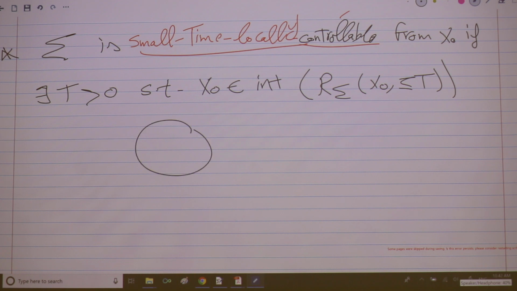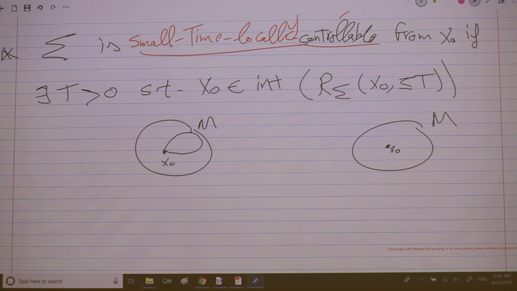Here's the difference. If this is your manifold, and this is your X naught. Now we have learned that for the accessible property, X naught may be on the boundary, and my set looks like that. Here it's like that, the reachable set. So I can go to all points around. Finally, controllable.